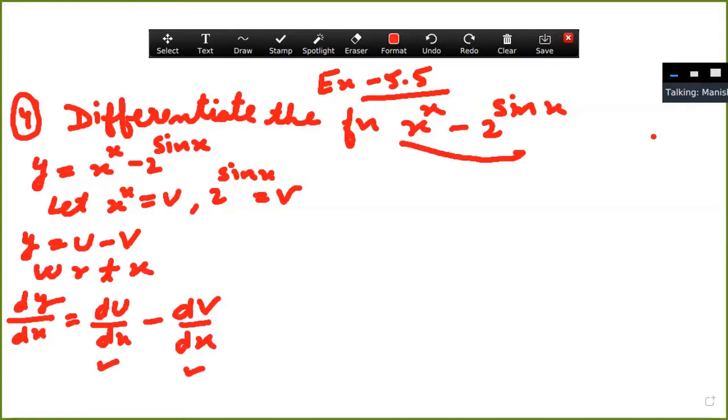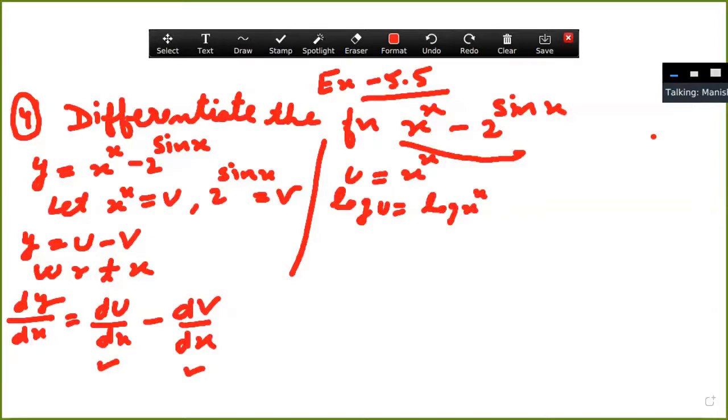Du upon dx can be calculated by using, you have supposed u is equal to what? That is x to the power x. When you take log to this function, you will get log of u is equal to log of x to the power x, or you can write it x into log x.